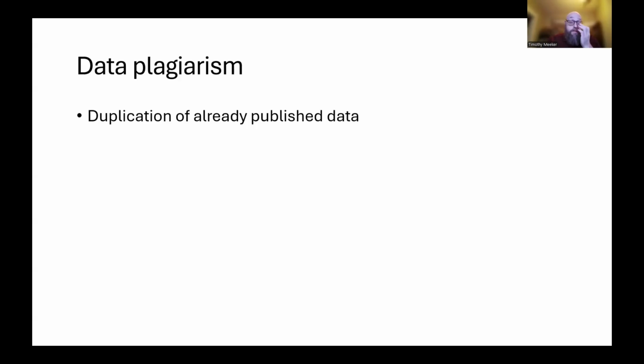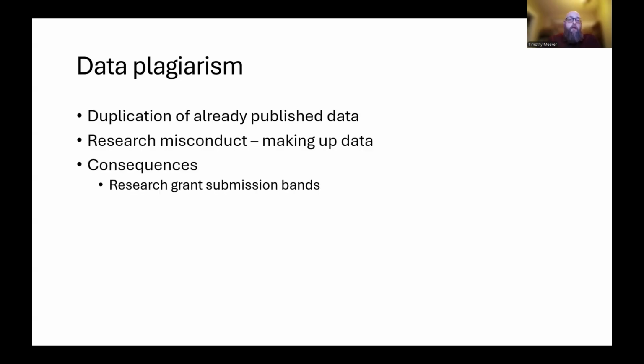This can be duplication of already published data, like I mentioned with the duplicate publication. And it can be the research misconduct act of making up data. So the consequences, again, are personal consequences, grant submission bans if you're found out. And there's a lot of people that are now checking the scientific record to make sure that we're not getting duplicate publications, because they have real world effects, which I'll talk about.